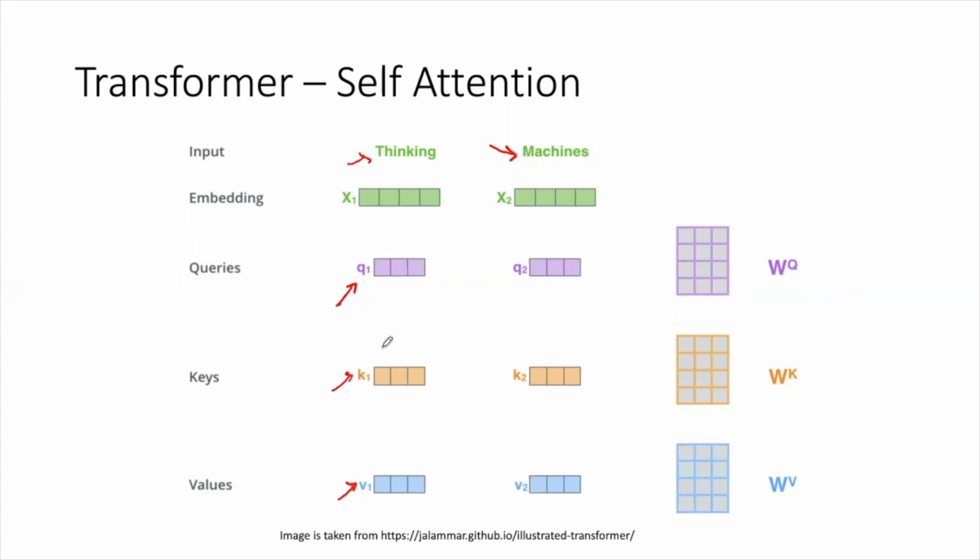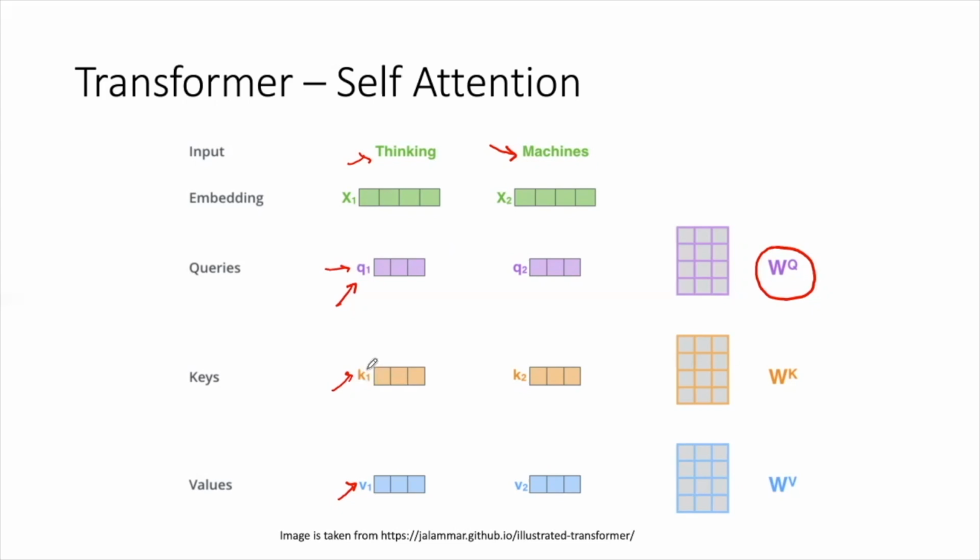These vectors are obtained by multiplying the input vector, x1 for example, with this matrix WQ, which is basically a linear transformation of the input vector. So this Q1 is obtained by a linear transformation of x1 via the matrix WQ.